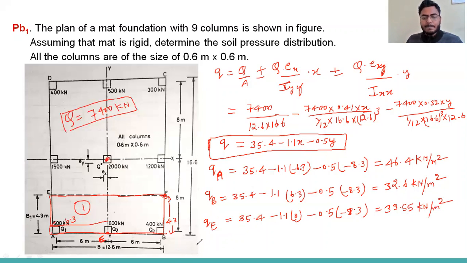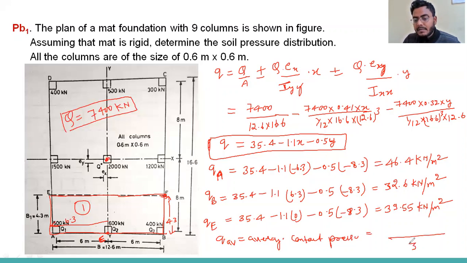Now we'll take the average at points A, E, and B. The average contact pressure will be divided by 3, so it will be QA plus QE plus QB. That comes to around 39.5 kilonewton per meter square.